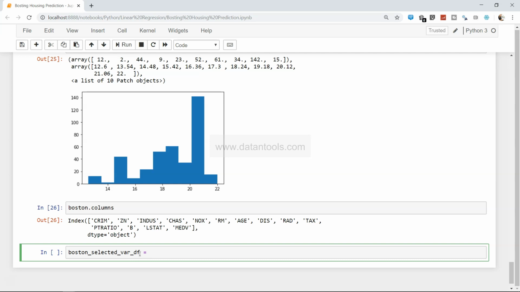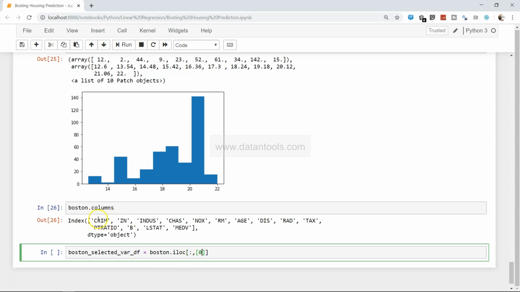And I will say that Boston dot iloc, which is by using the integers we will be selecting the number of columns. So here colon indicates all the rows, and the columns we can specify over here.